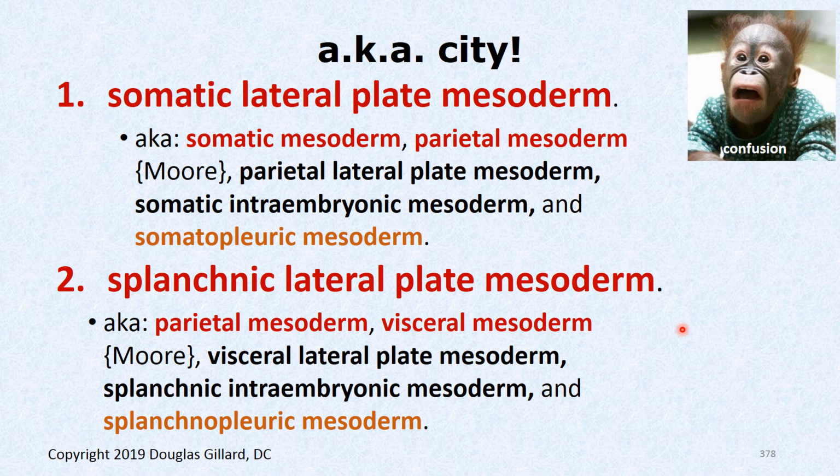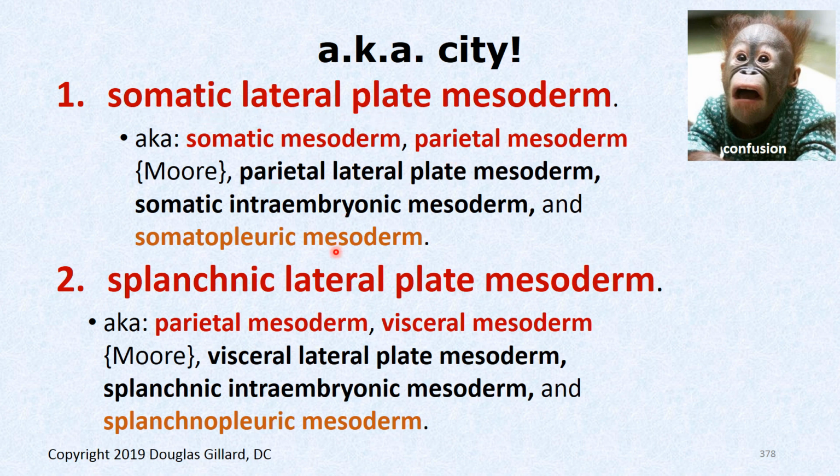When we talked about gastrulation in fifth quarter, same thing. They have these big, huge conferences, and they still can't come together and narrow these a.k.a.s down. Drives students absolutely crazy because you don't know which ones are going to be on boards. So for us, parietal mesoderm could show up because Moore's is a board book. So Moore also says somatic lateral plate mesoderm, luckily.